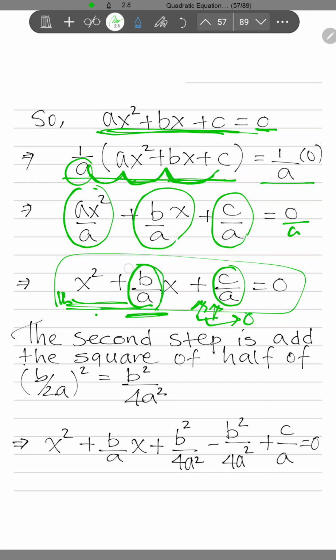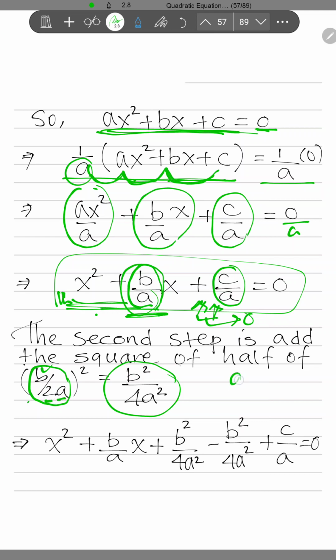So b over a is here. Half of b over a is b over 2a, this one. Half of it means multiply it by half. Then you square it. What we will have is b squared divided by 4a squared. b is squared, 2 squared is 4, and a is squared.